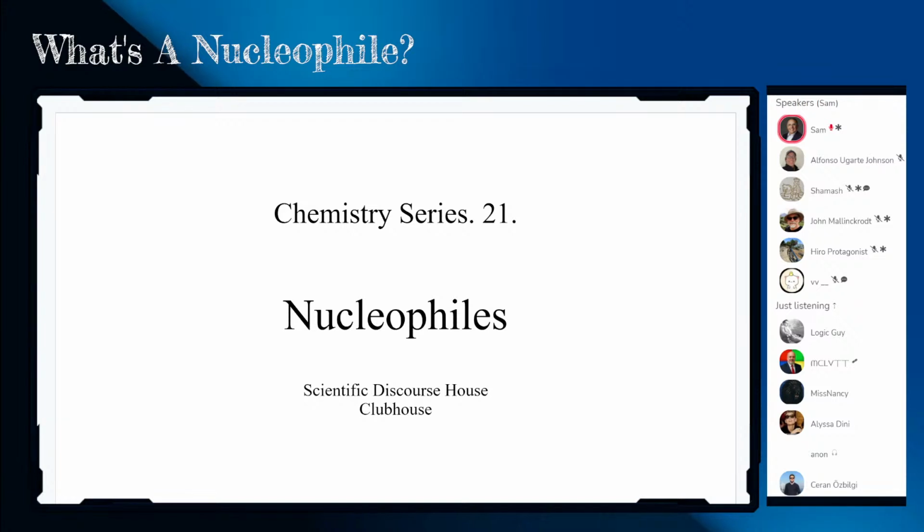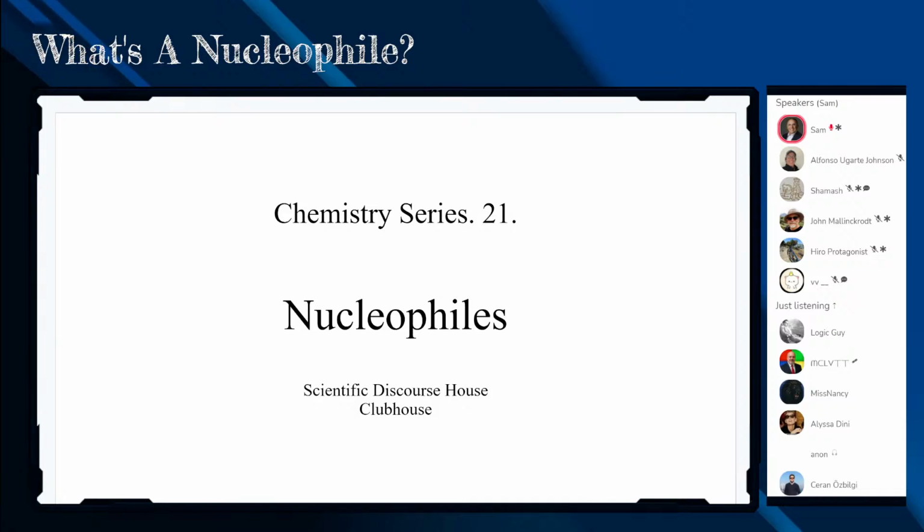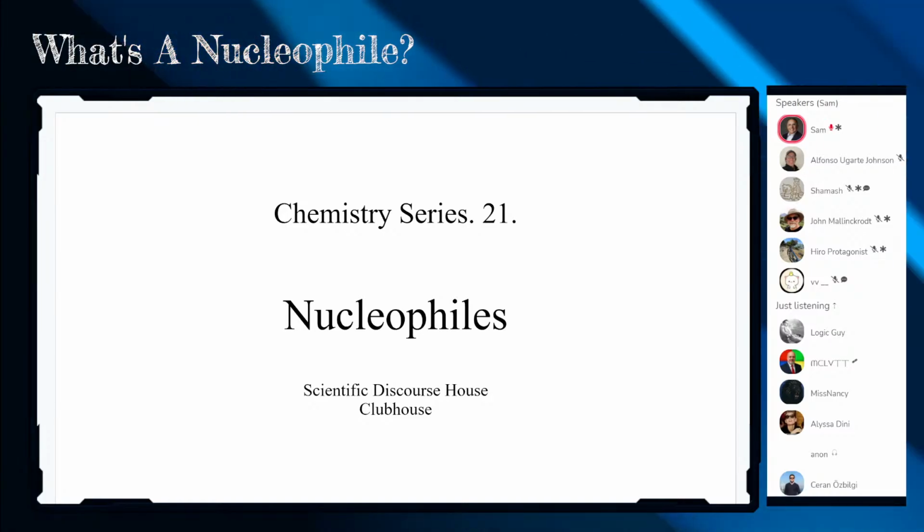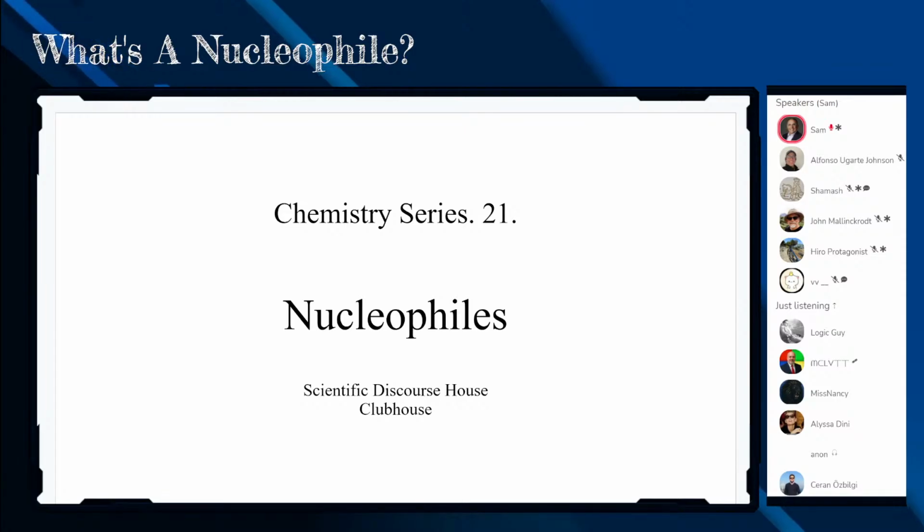So on slide 2, we've talked about in the past that for carbon, which is the focus of this chemistry series, is organic chemistry and biochemistry. Organic chemistry is defined as the chemistry of substances that have carbon in them. Inorganic substances are the ones that don't have carbon in them.